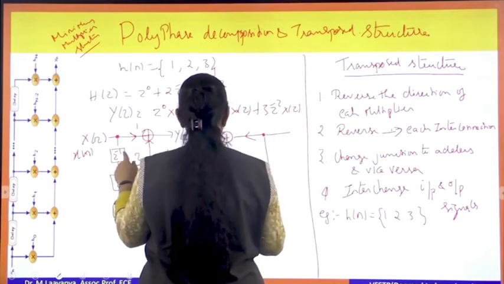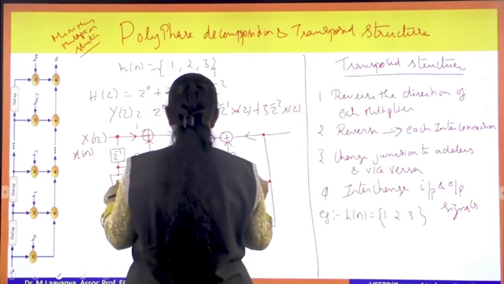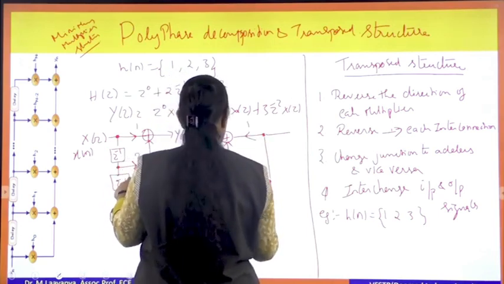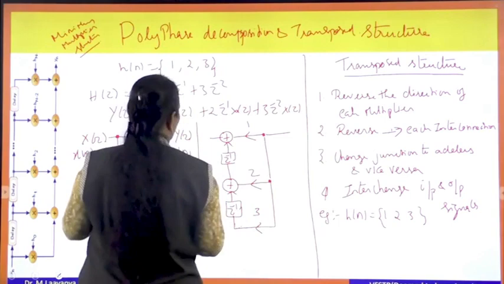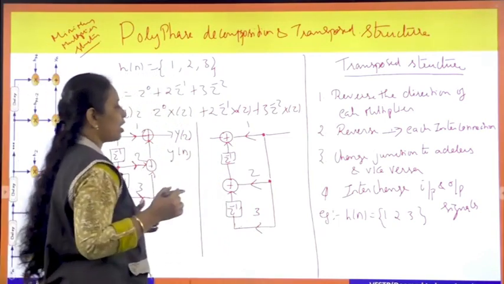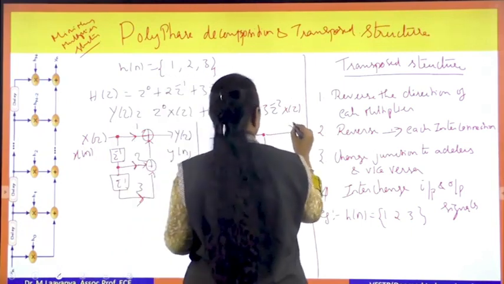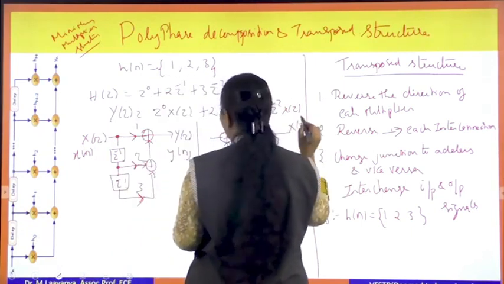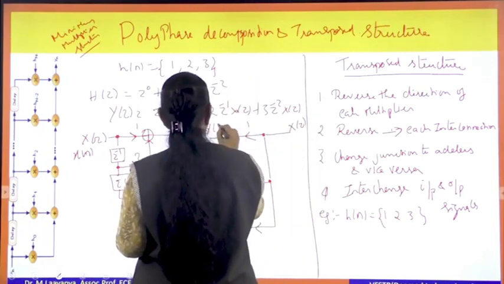Now if you see, this is my 2, this is my 1, and this is my 3. Now which has been changed? I have to change my input as well as my output. So input I will bring it here and output I will bring it here.